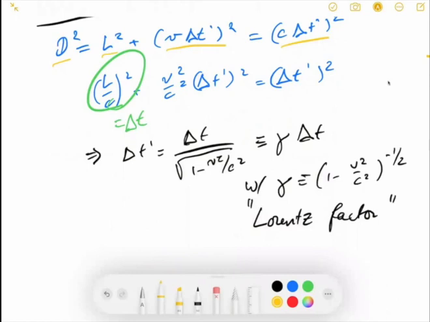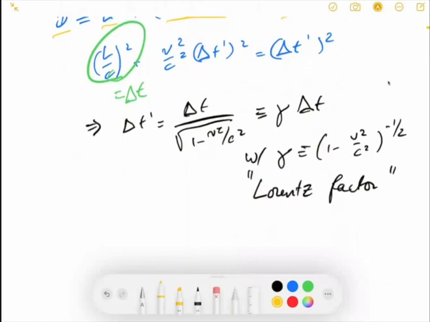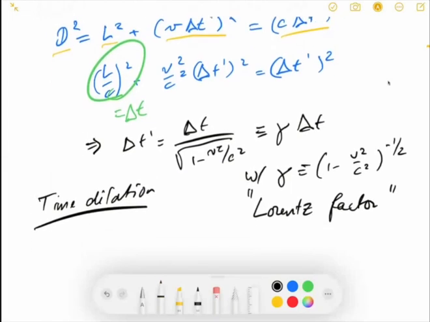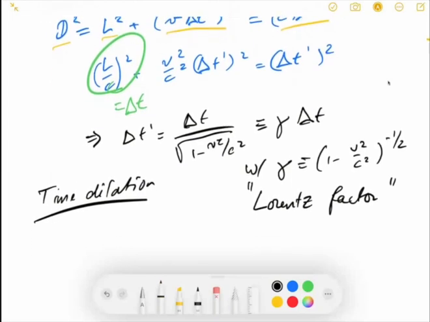I want to again make this point that this effect is called time dilation. But it's a little bit of a weird way of labeling it, right?